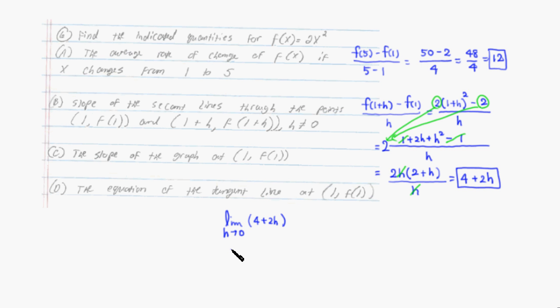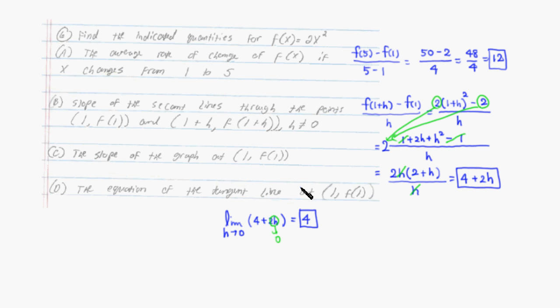You can see that the 2h term goes to 0, so what's left is just 4. So the slope of the graph at x equals 1 is 4.